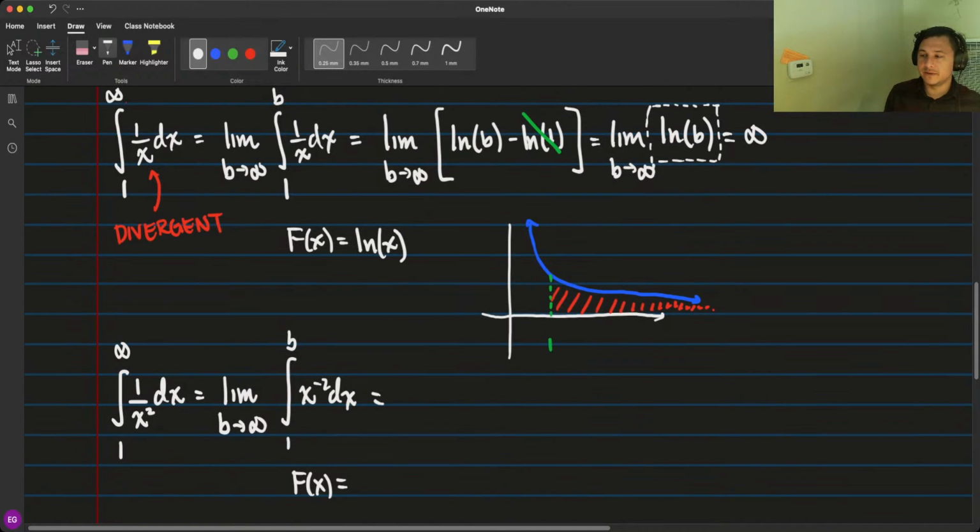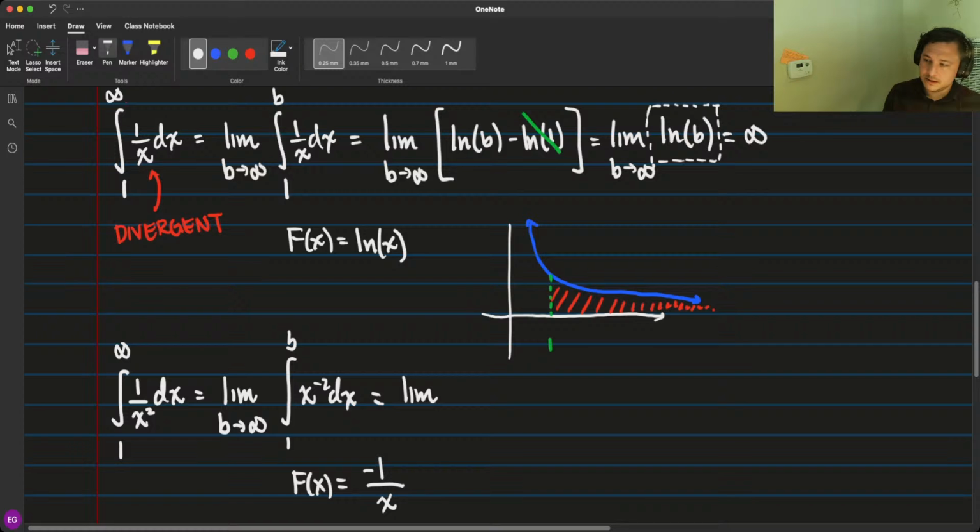So what's my antiderivative here? It's going to be minus, well, it's not minus x, it's minus x to the negative 1, right? So it's minus 1 over x. That's cool. So what do you get there?